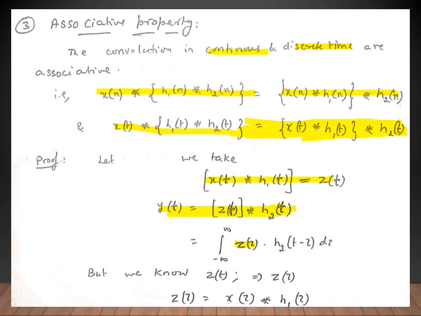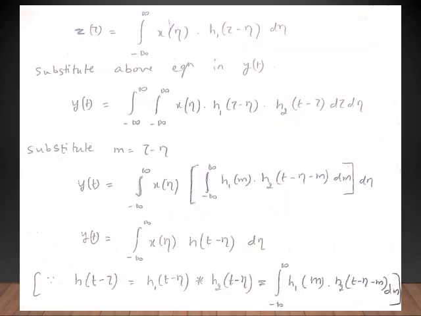If I expand z of tau, that is integration from minus infinity to infinity x of eta into h1 of tau minus eta d eta. So substituting this z of tau into the above equation, that is y of t. So y of t has two integrations coming, because we took them separately for z of tau and for the first equation, each from minus infinity to infinity.